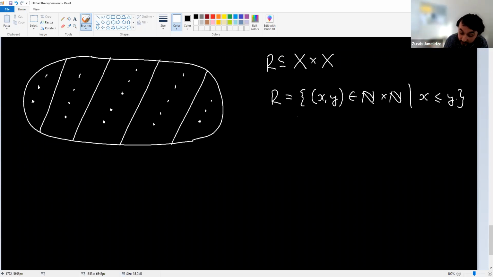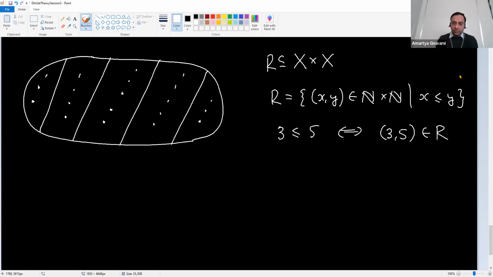But we can think of this set as the set theoretic interpretation of the less or equal relation, because it encodes the full information about the relation. So given two numbers, 3 and 5, to decide that 3 is less or equal to 5, I just need to check that the ordered pair 3, 5 belongs to the set R.